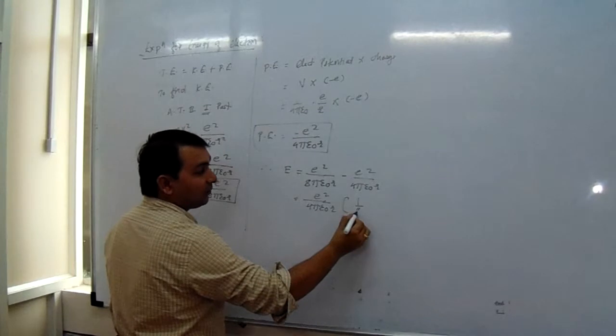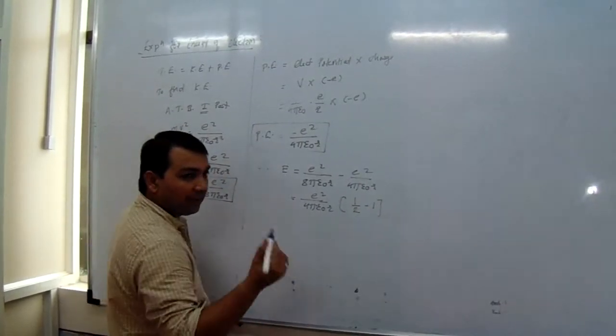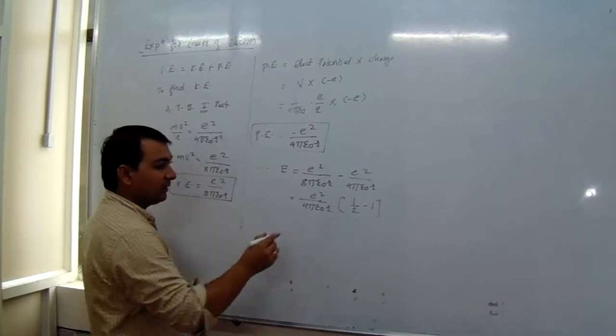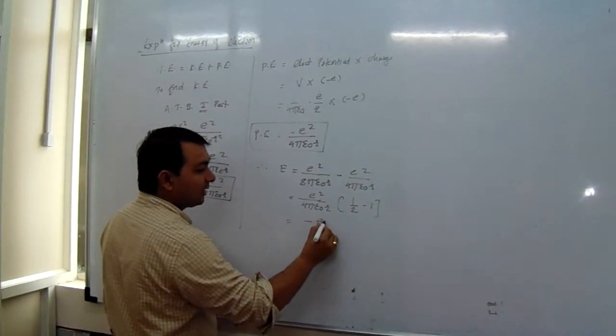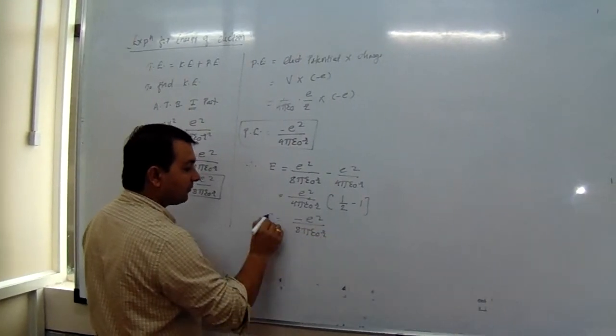So here it will be 1 upon 2 minus 1, which is minus half, and therefore it will be minus e² upon 8πε₀r.